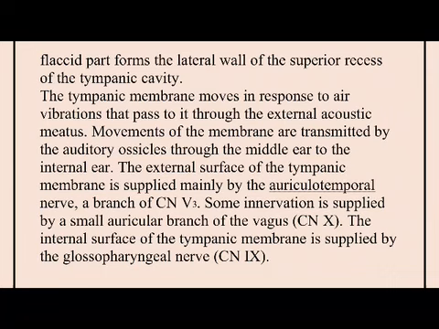The external surface of the tympanic membrane is supplied by the auriculotemporal nerve, which is a branch of the mandibular division of the trigeminal nerve. Of course, some innervation also comes from a small auricular branch of the vagus nerve. Remember, the vagus nerve is the 10th cranial nerve. The internal surface of the tympanic membrane is supplied by the glossopharyngeal nerve. That's the 9th cranial nerve.